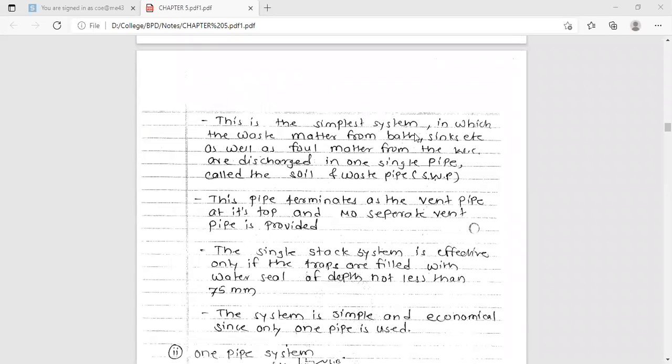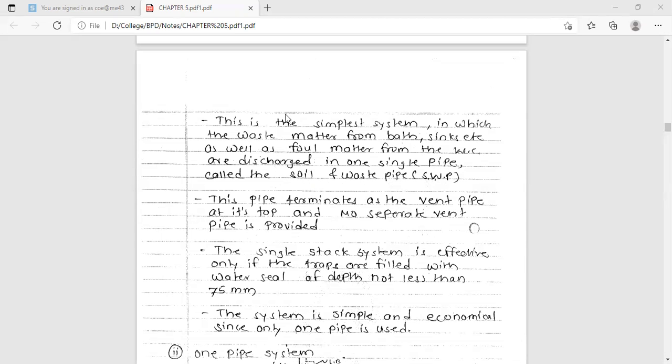This is the simplest system in which the waste matter from bath, sink, etc., as well as foul matter from the WC, are discharged in one single pipe called the soil and waste pipe. SWP is nothing but the soil and waste pipe.